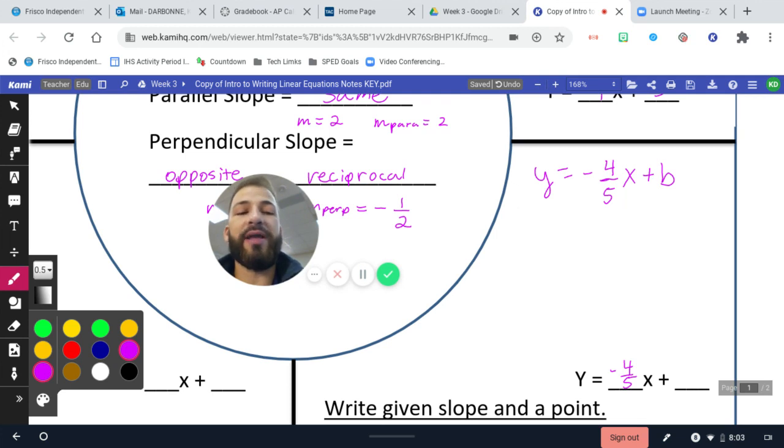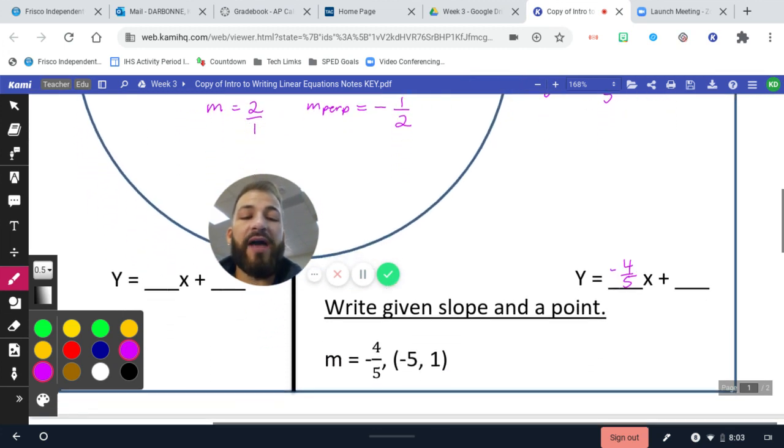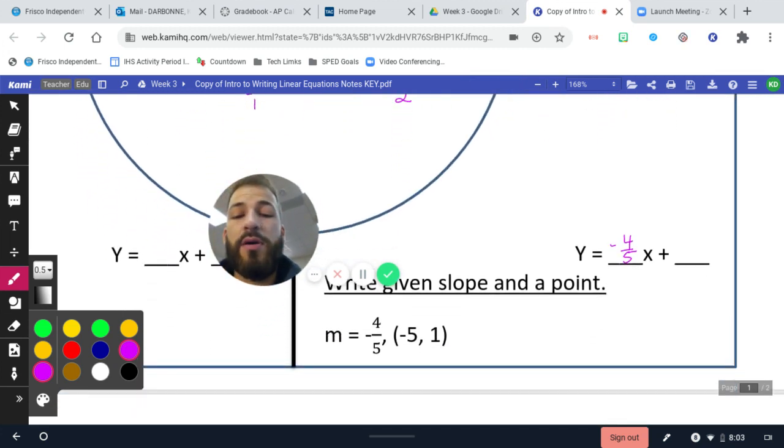I don't know my y-intercept. So to solve for an unknown, I need to plug in for all of the other unknowns in the equation, so I only have one variable that I need to solve for. I want to solve for b, so I need to plug in for x and y. Well, I have a point, and as we know, all points are (x, y). So I have an x and y value that I can plug in for and then solve for b.